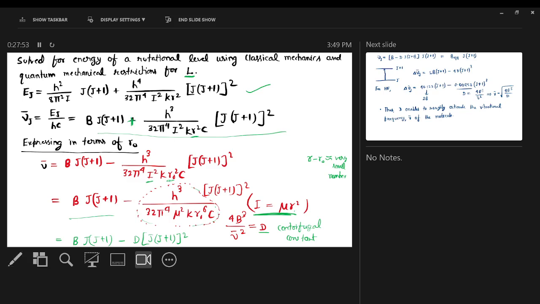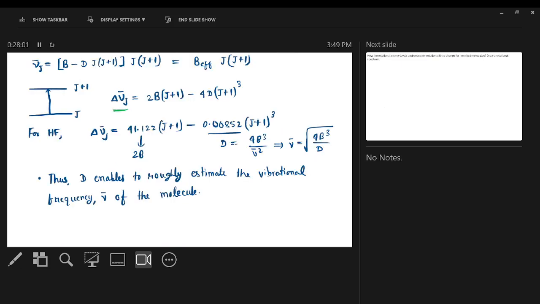So this is the wave number of energy of any rotational energy level. If you want to calculate the energy required for any transition, then we have to take the difference, and the difference is this equation.